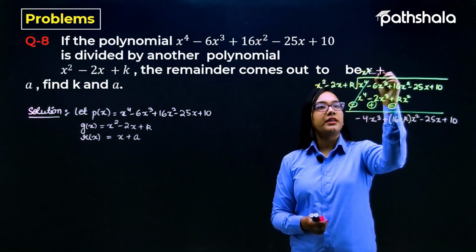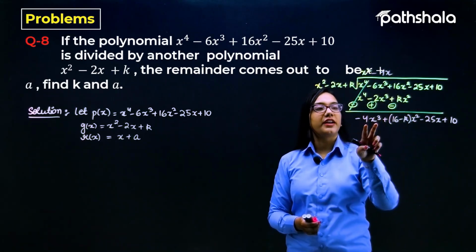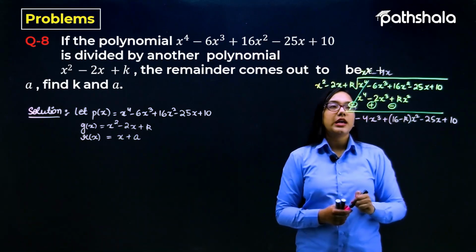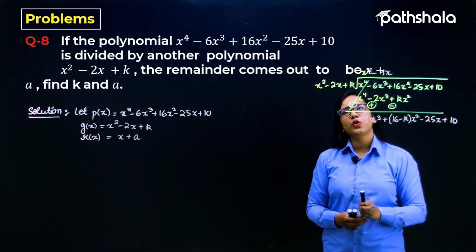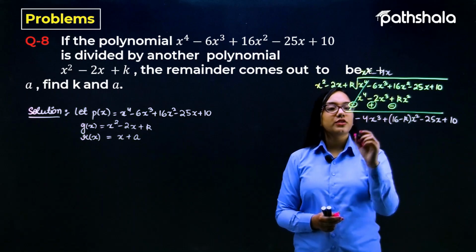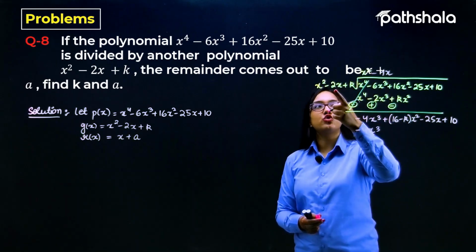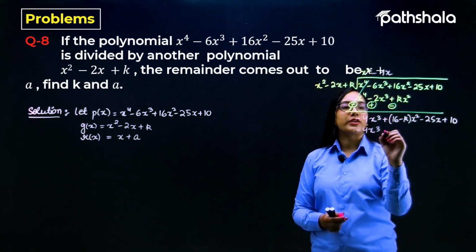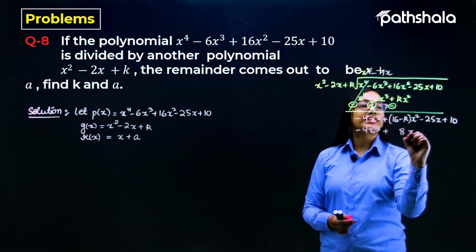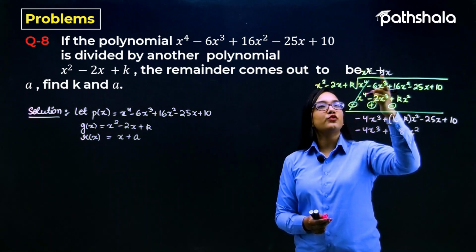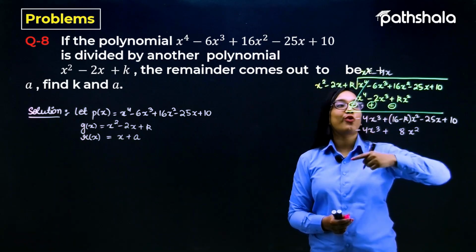We will get minus 4x after dividing minus 4x cube and x square. Let's multiply minus 4x with all these terms. So we will get minus 4x cube, minus 4x times minus 2x is plus 8x square, further minus 4x times k is minus 4kx.